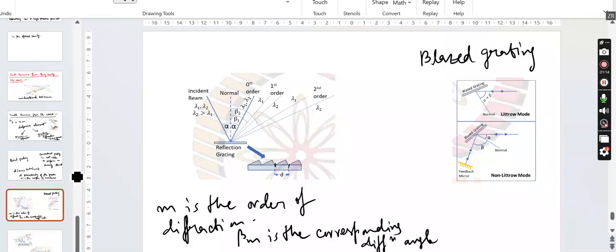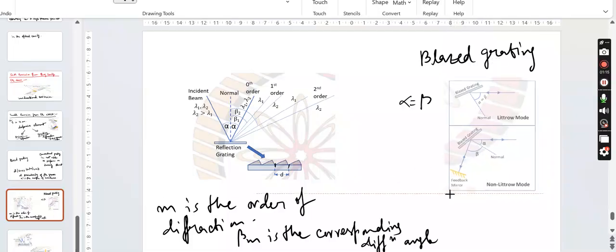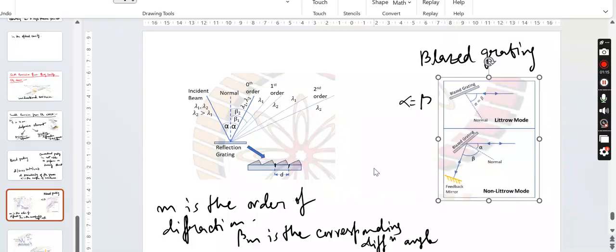So this is retro mode where the incident angle and diffraction angle are equal, alpha is equal to beta, and here it is used in conjunction with a feedback mirror, and they are not equal basically. And alpha is not equal to beta.